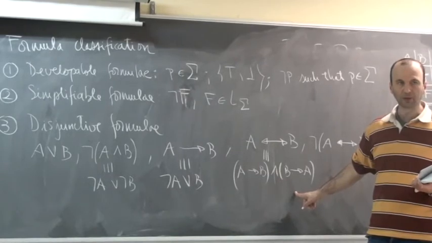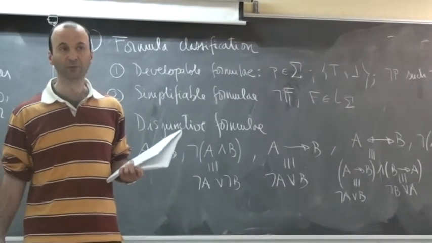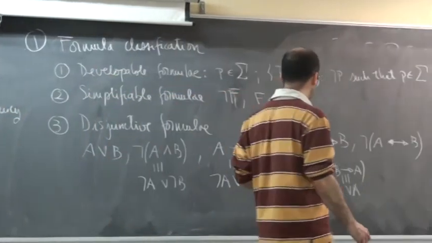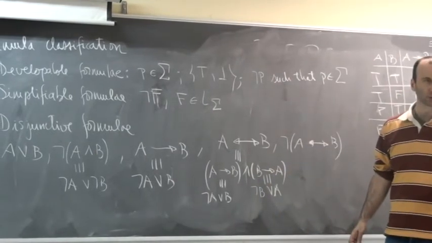A biconditional B is A implies B, and B implies A by definition. And then that one is of disjunctive kind, and the other one is of disjunctive kind. Then you have to apply the distributive property that I left for you. But at the end you have something written in terms of or, logical or.